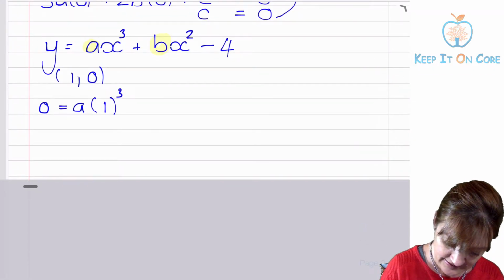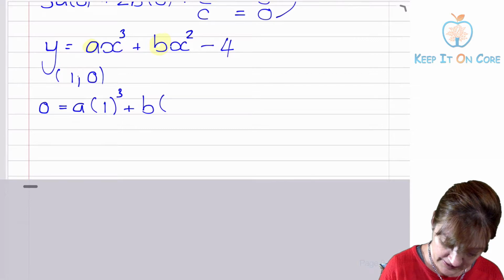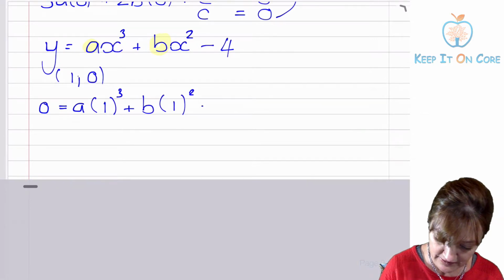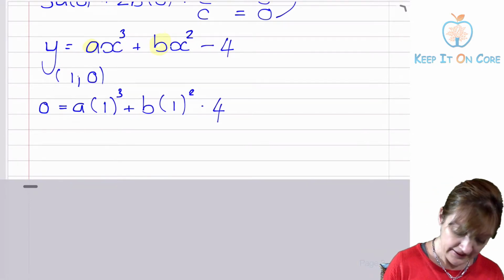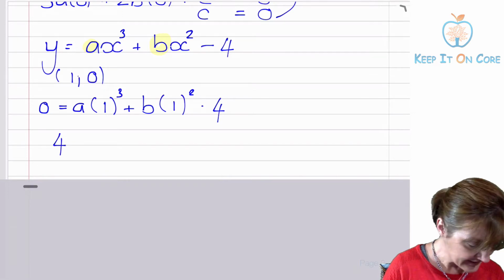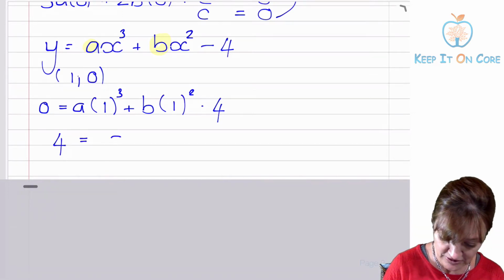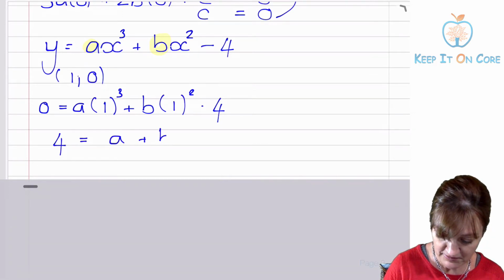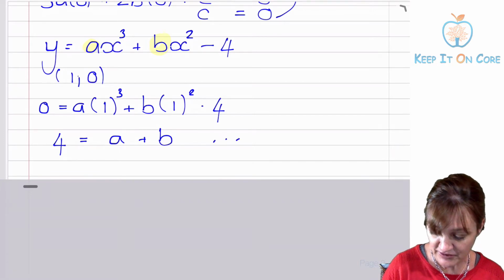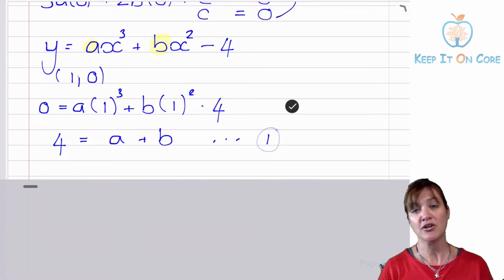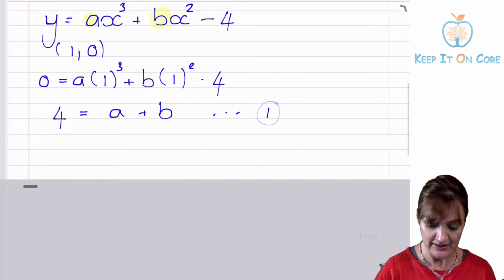That gives me b times 1 squared, minus 4. That simplifies down into an equation of 4 equals a plus b. Just like we do with simultaneous equations, I'm going to call that equation 1.